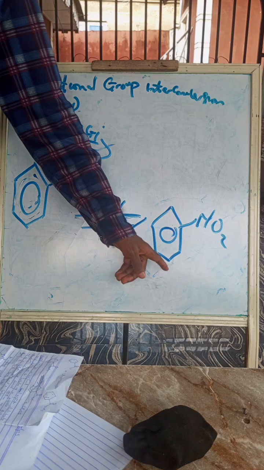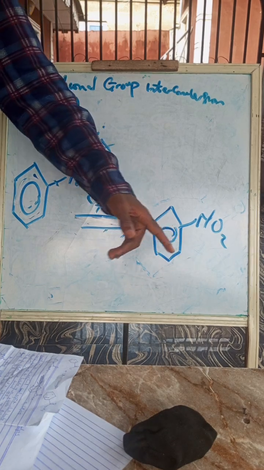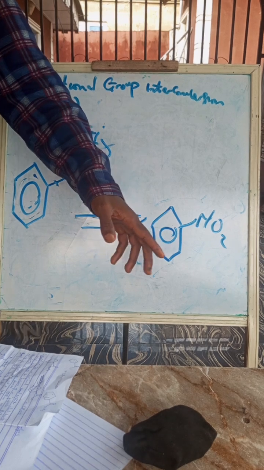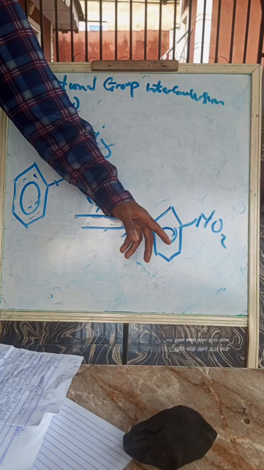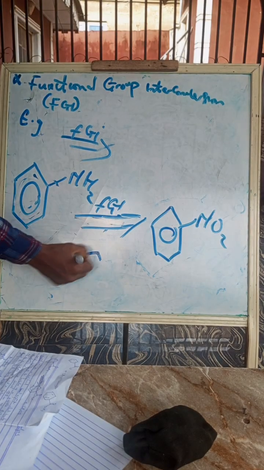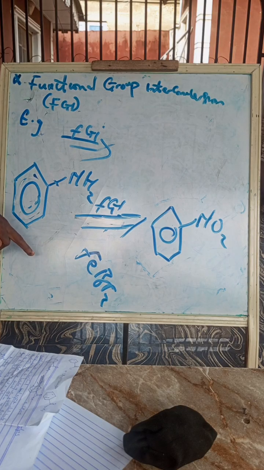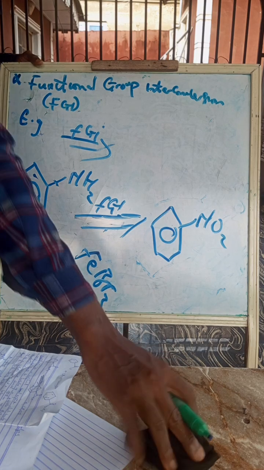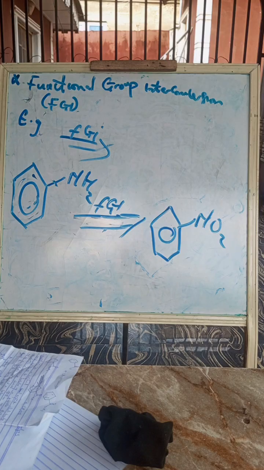If you want to form an amine, we introduce a transition element catalyst like FeBr2. So to get this amine, the reagent matters. If you don't have a deep understanding of reagents, it will be very difficult to understand retrosynthesis.